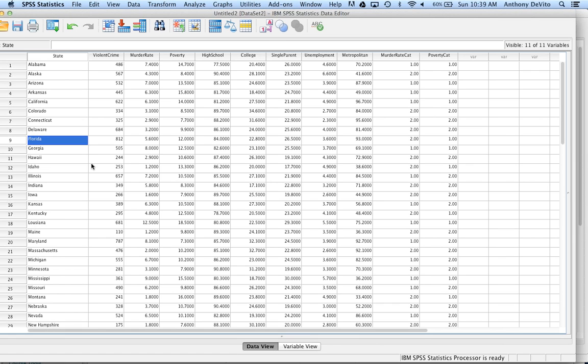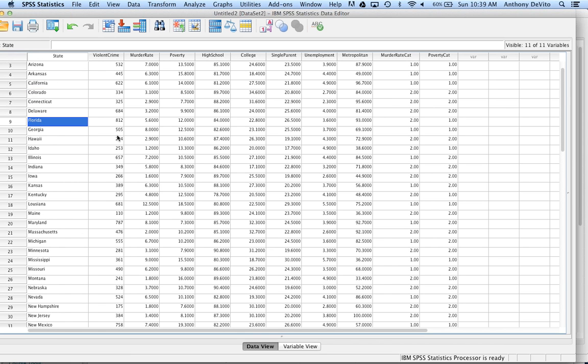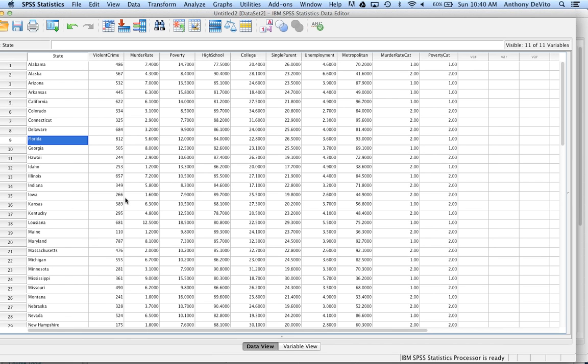So you really can't compare 244 violent crimes in Hawaii, which seems like a very low number, to New York's 554, because it looks like that's saying that violent crime is higher in New York than in Hawaii. But you've got to keep in mind, it's probably only a few million people living in Hawaii, but there's probably 20 million people living in New York. So you really need to have a rate.